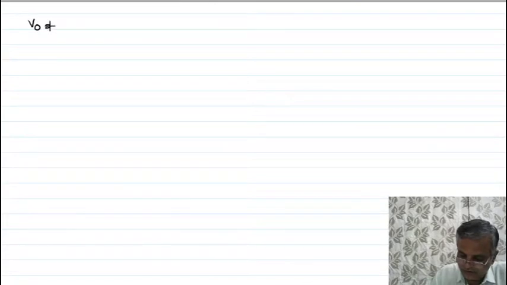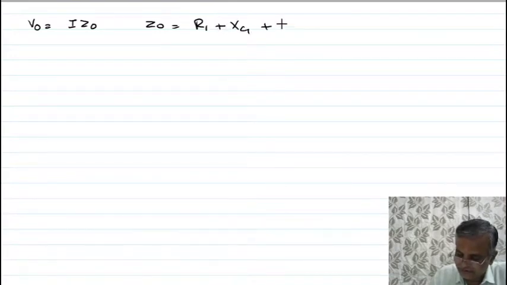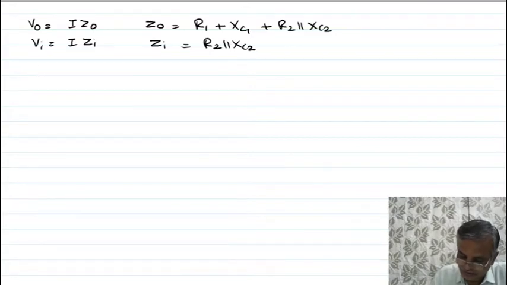VO is I into ZO. ZO is R1 plus XE1 plus R2 parallel XE2. VI is I into ZI, and ZI we have written as R2 parallel XE2. So gain VO upon VI is equal to ZO by ZI.